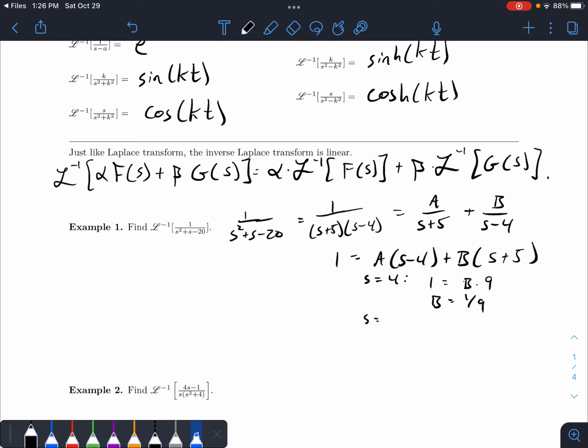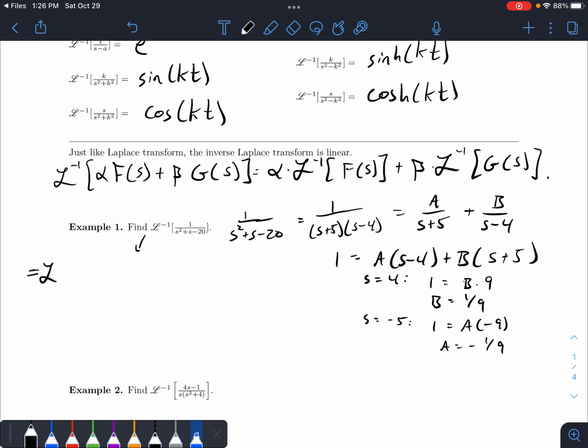So B would be equal to 1/9. And you could also plug in s equals negative 5 and get that 1 is equal to A times negative 9 plus B times 0. And so A would be equal to negative 1/9.